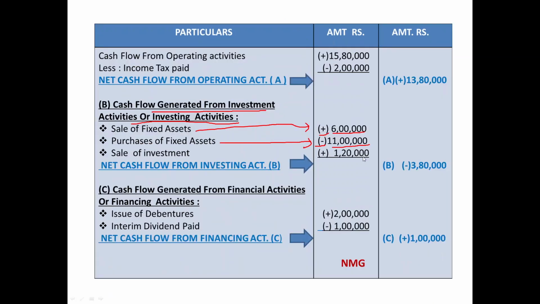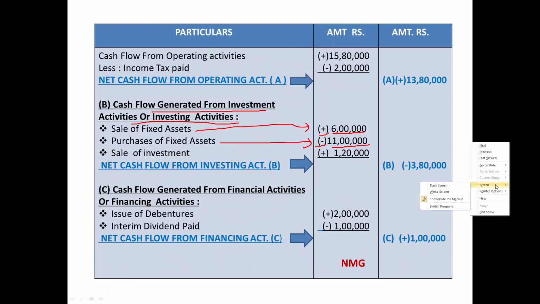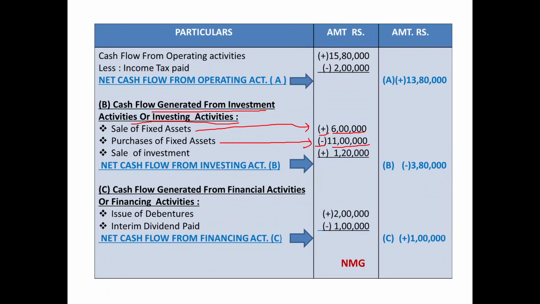Now under investing activities, sale price rupees 1,20,000, sale of investment rupees 1,20,000. So see over here we reported entire selling price including profit of rupees 20,000. 1 lakh was the cost plus 20,000 profit.